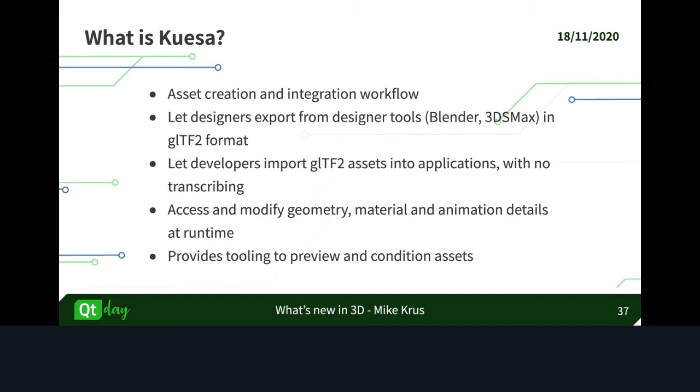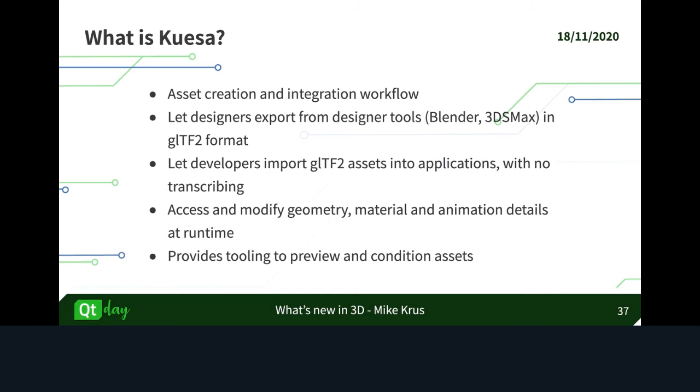In order to support that, it uses GLTF as a file format, and GLTF can contain lots of information. It has the geometry, it has lots of materials, it also has animations and so on. It basically lets developers import all of that into the applications with no transcribing, there's no intermediate file format and so on.